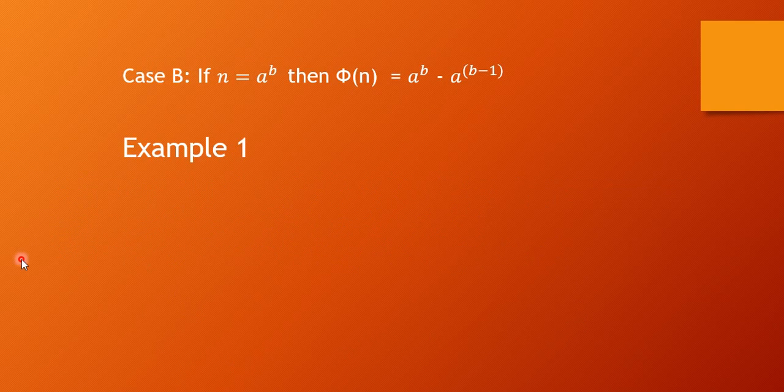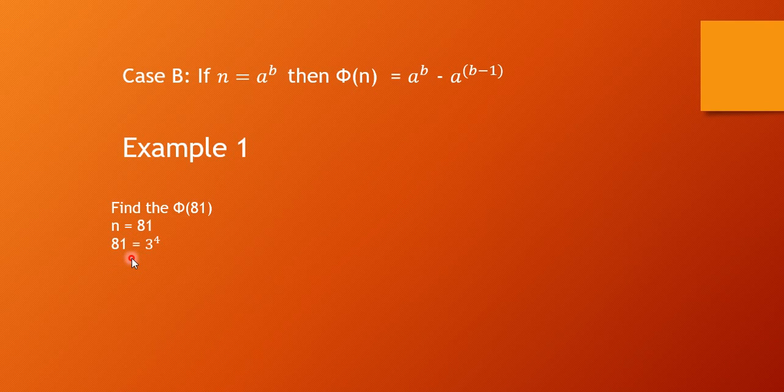So first let's do one example based on case B. If n equals a to the power of b, then totient of n equals a to the b minus a to the b minus 1. So, totient of 81. How to find totient of 81? In this case, n equals 81, and 81 equals 3 to the power of 4. The tricky part is finding out that 81 equals 3 to the power of 4.